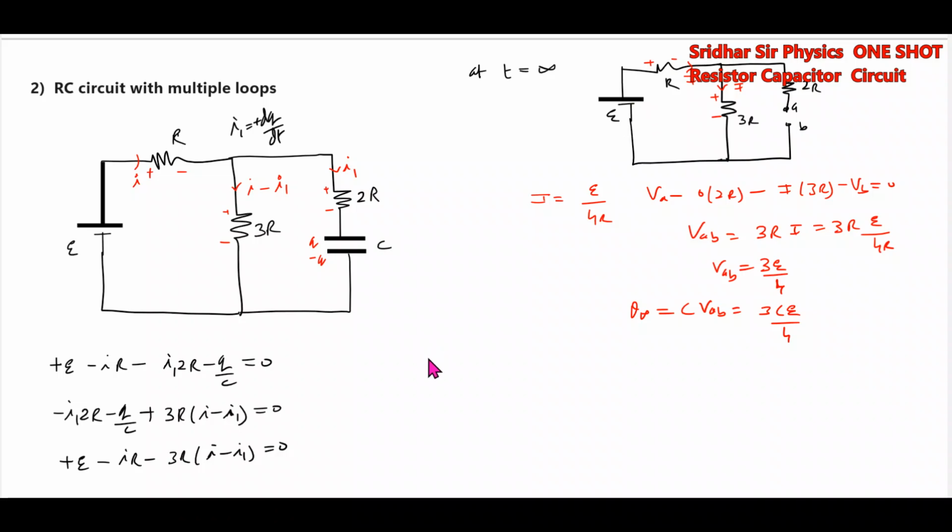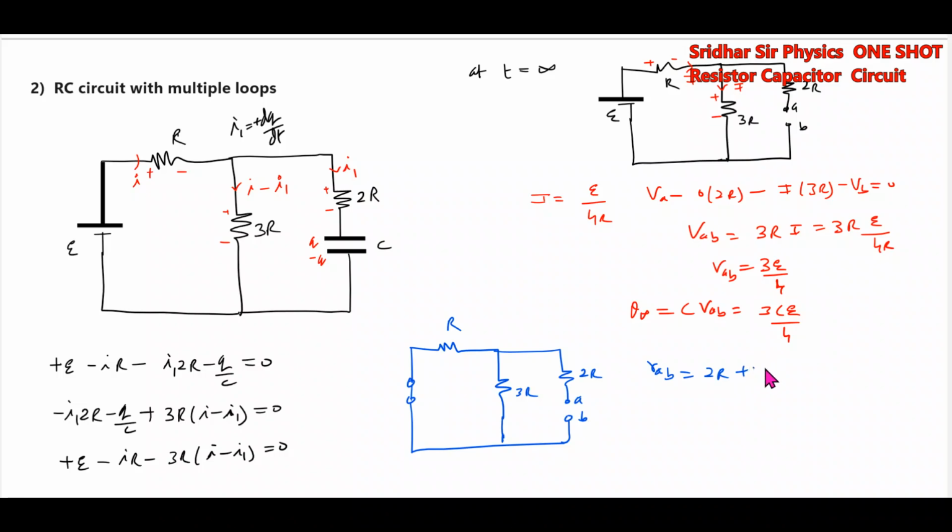There is no internal resistance, so everything will become like this: 2R, 3R, and this is R. So the effective resistance RAB as seen by this will be 3R by 4 plus 2R.